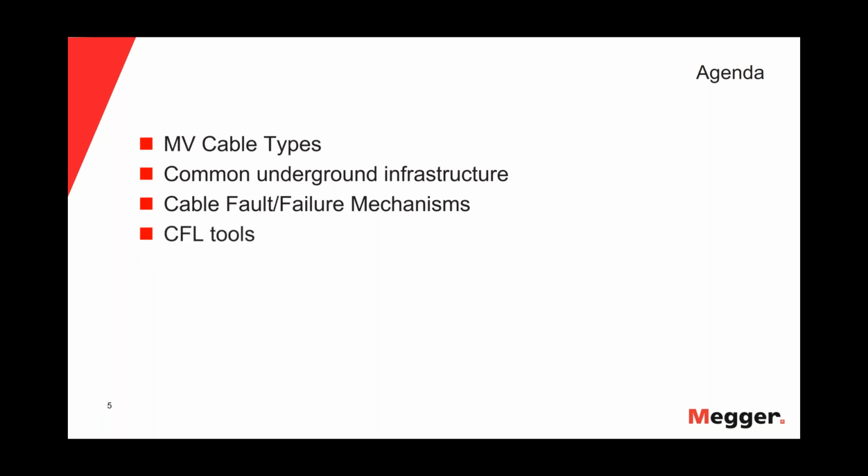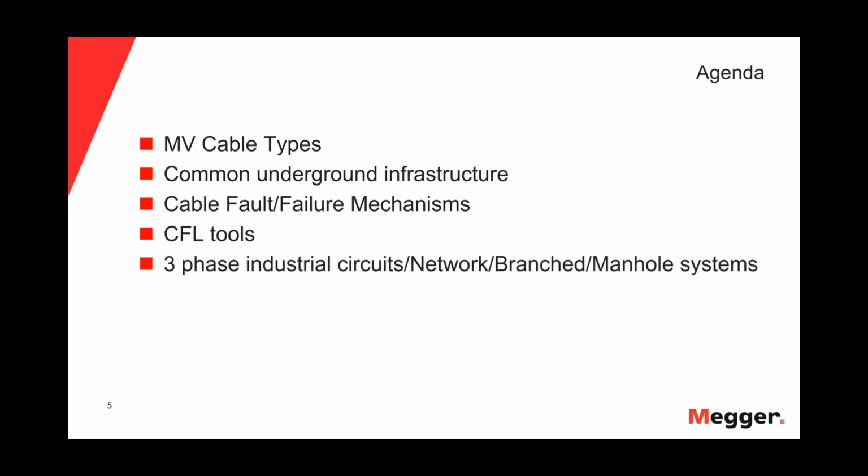And then a quick review of some of the common cable fault locating tools. After this short introduction, we'll hand off the presentation to Henning, and he'll dive into a little bit of detail on some three-phase industrial circuits, networks, branched manhole systems, and some of the tools and techniques specifically for those types of infrastructures.